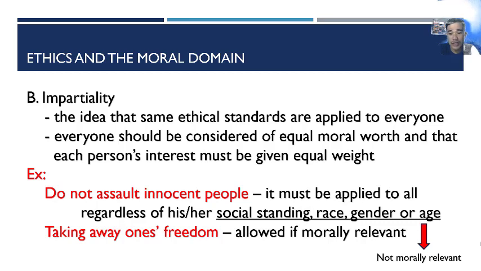Differences like social standing, race, gender, and age are not morally relevant. But let's say, for example, taking away one's freedom. It is of course unethical, and it is illegal because it is our right.